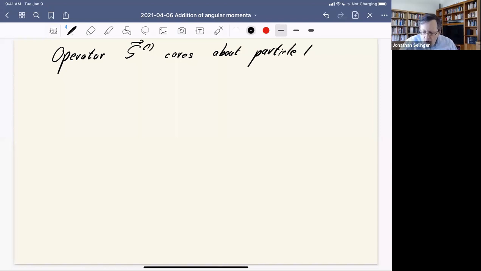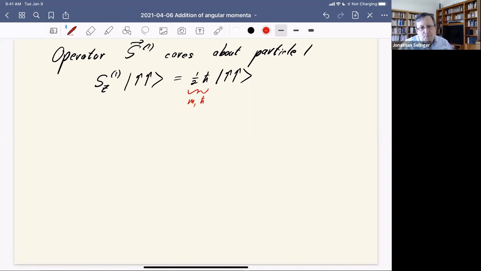That means if we have Sz1 and it acts on any of these states, it only looks at the spin of particle 1. So this acting on up, up is equal to a half h bar times the state up, up. It's a half h bar because this is m of particle 1 times h bar.